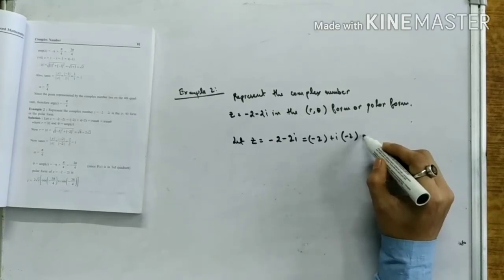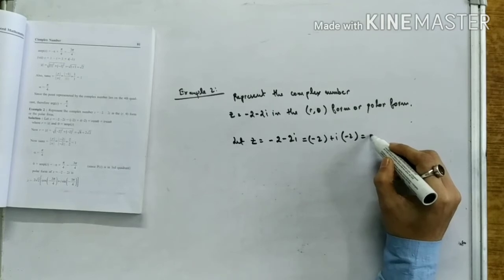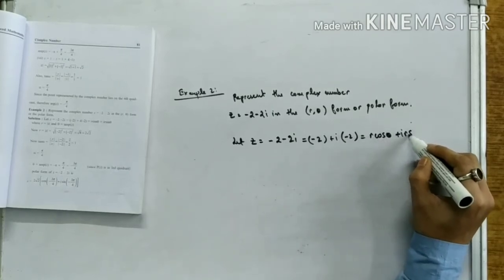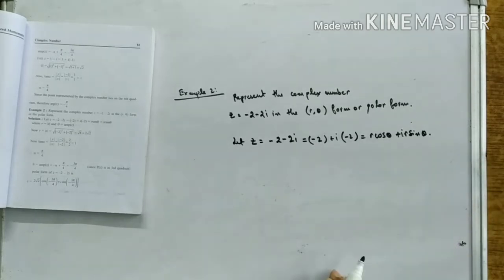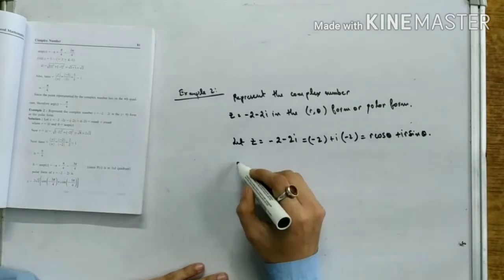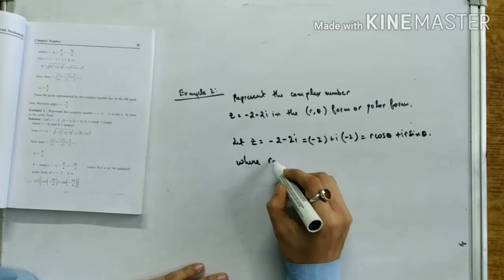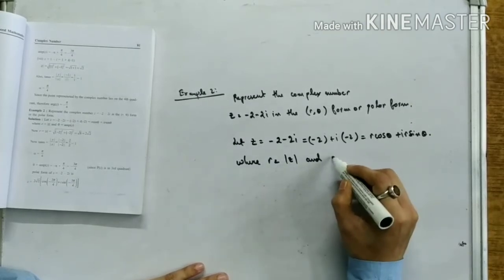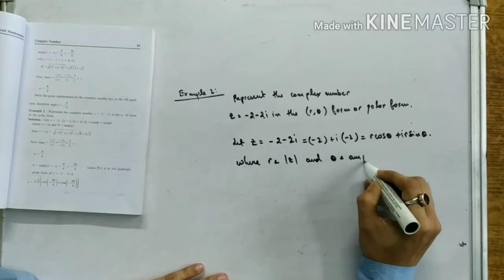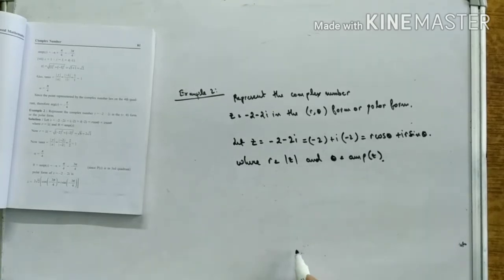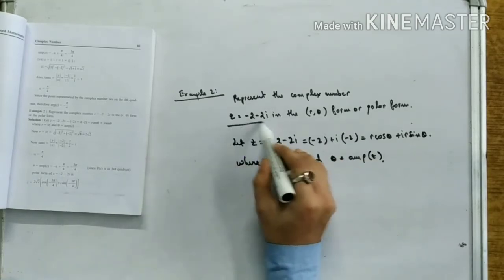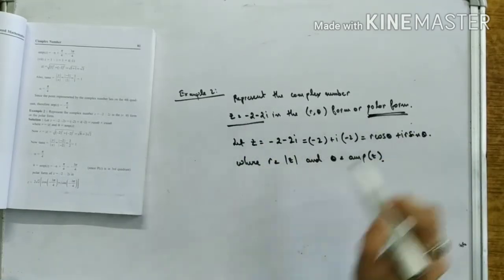So it becomes r cos theta plus i r sin theta, where r is equal to modulus z and theta is equal to amplitude of z. Okay, remember I am writing this complex number in polar form.